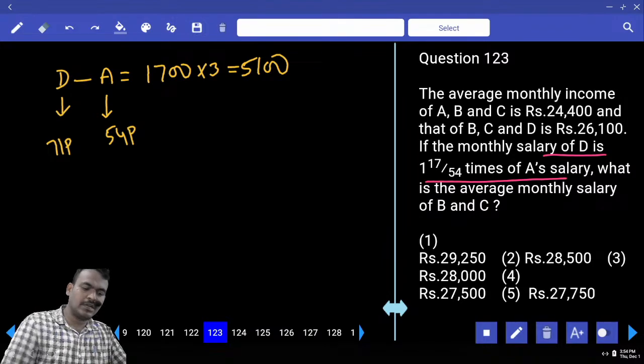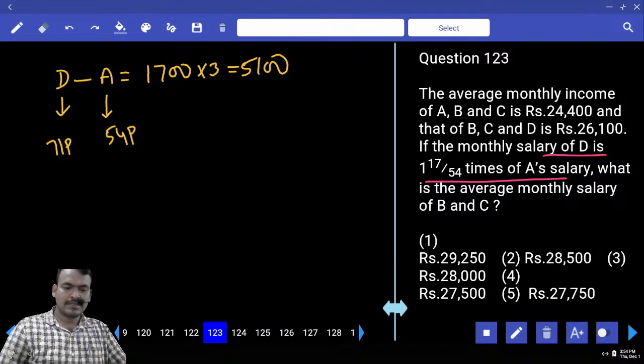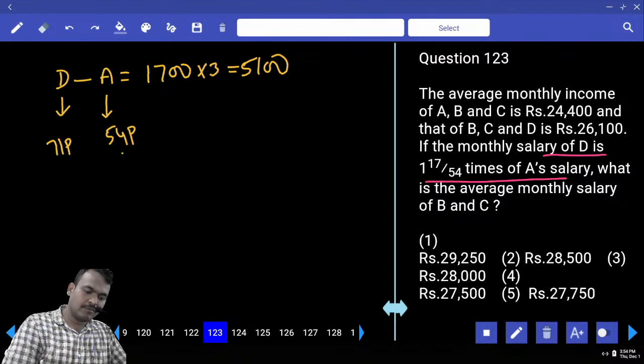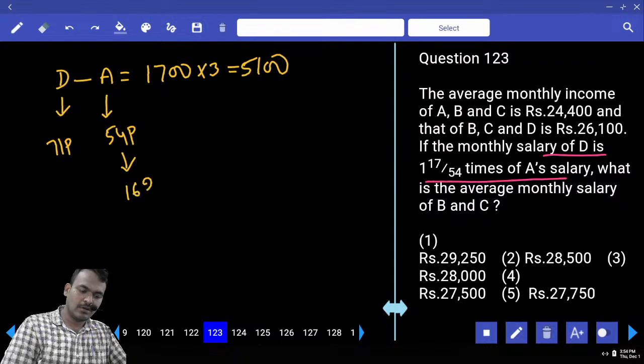What is the difference between 71 and 54? 17 parts. 17 parts is how much? 5,100. Every one part is 300. 54 parts is 16,200, or not?